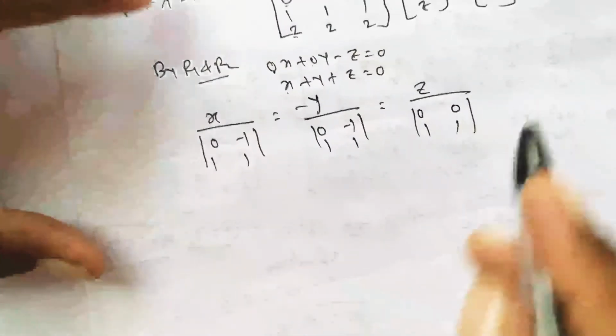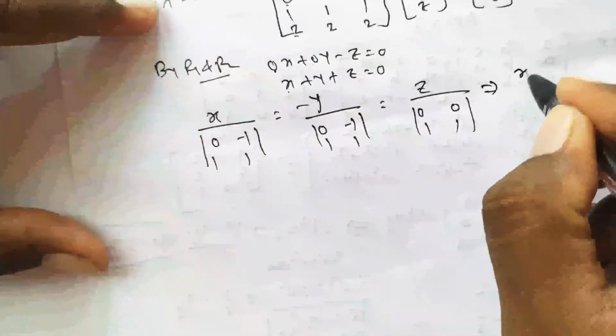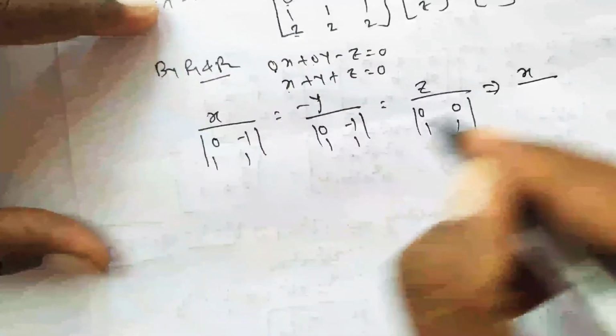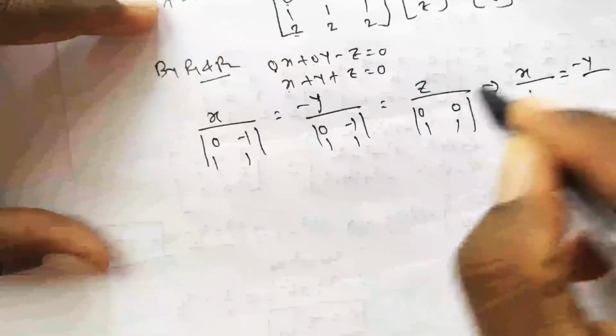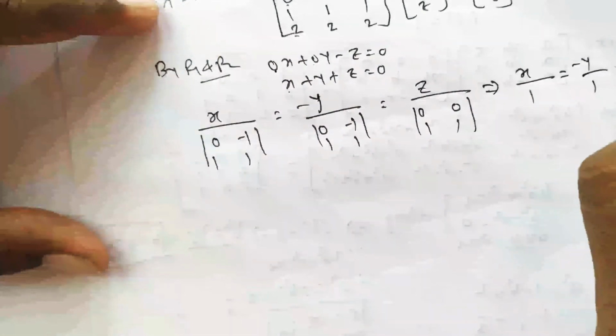Okay, and if we expand this, then we will get x upon 0 plus 1, that is 1, equal to minus y upon 0 plus 1, that is 1, and equal to z upon 0.